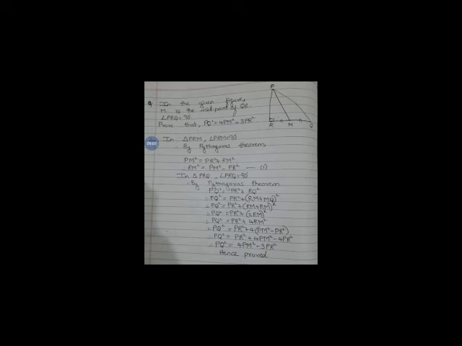So now 4 will multiply with both the terms. 4PM square minus 4PR square. Now, therefore, PQ square is equal to PR square minus 4PR square. I'll get minus 3PR square and 4PM square will remain as it is. So, therefore, PQ square is equal to 4PM square minus 3PR square. Hence, proved. I got the proof.